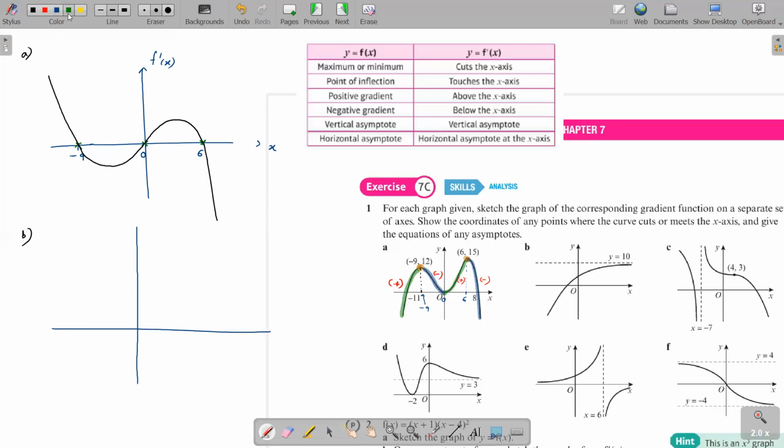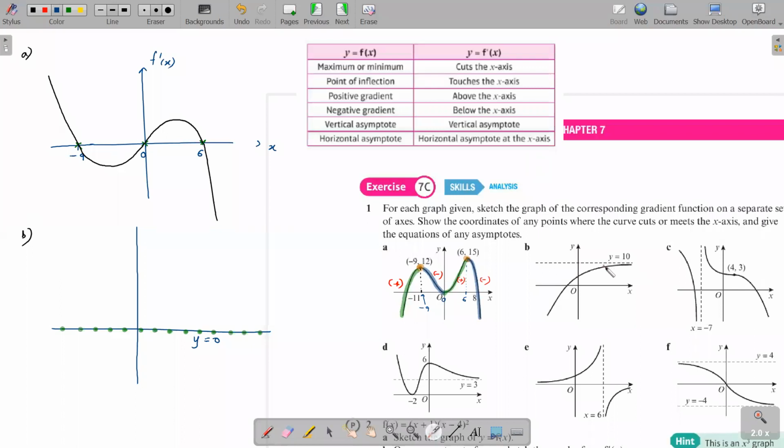Any horizontal asymptote will become a horizontal asymptote at the x-axis. So this asymptote comes on top of this line. Do you hear me? So this is the y equals 0 line. Because you have to follow this table.